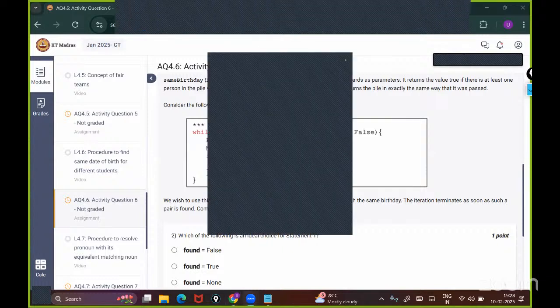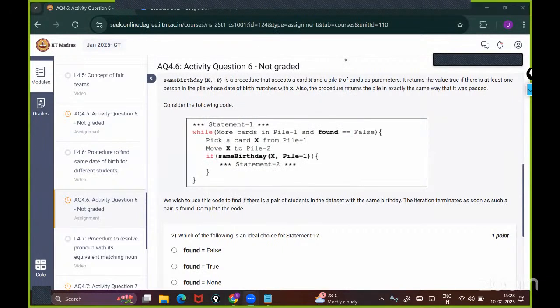If it is initialized with true, will I be able to check with the cards? If I have to find as true, what has to be initialized with? Then false. Yes, exactly.